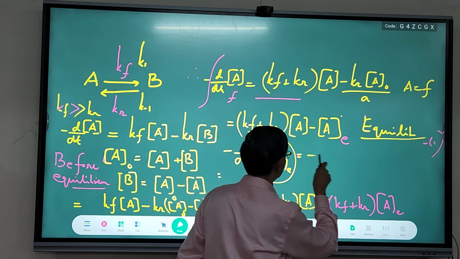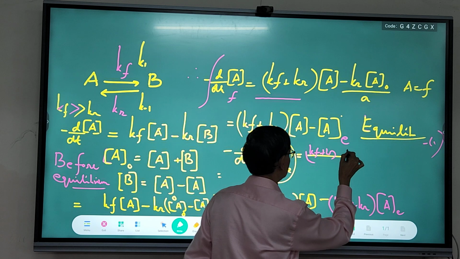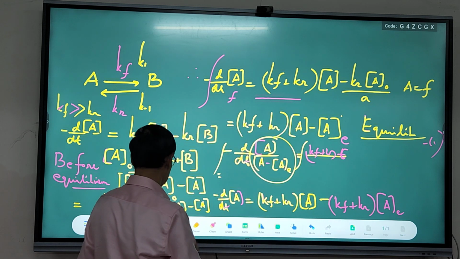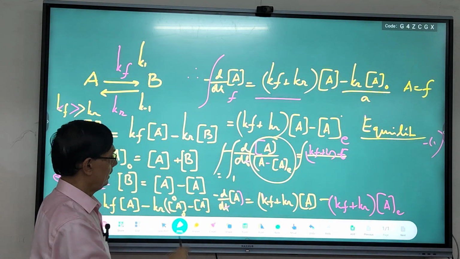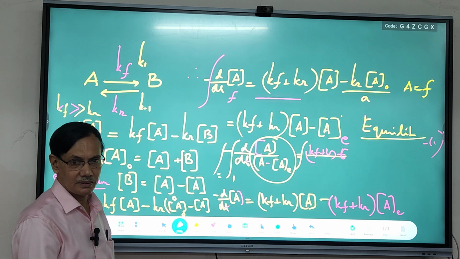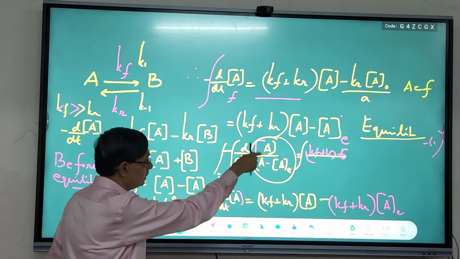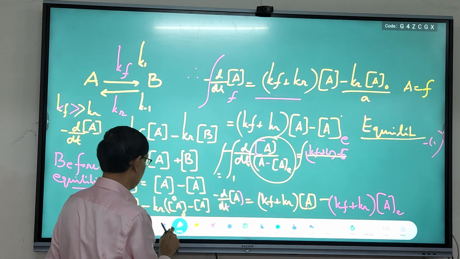And again here is Kf plus Kr, T. So same integration, same way, if we do same type of things, dx by x, same thing, log x. We assume this whole thing is A minus AE.